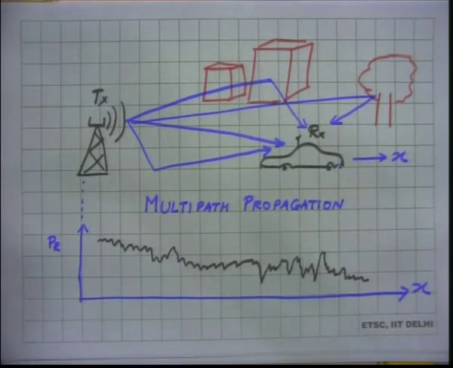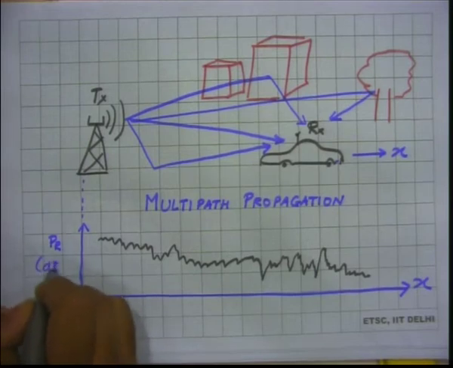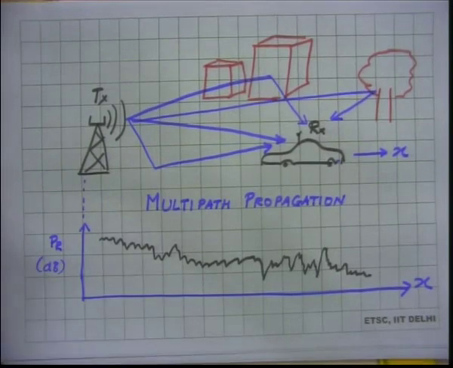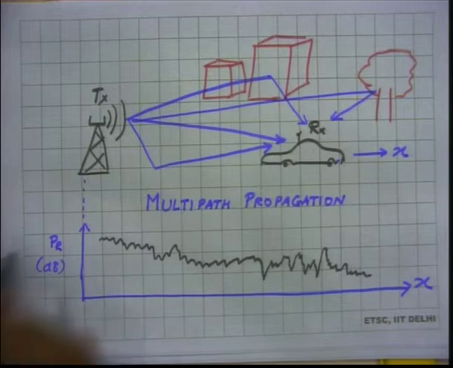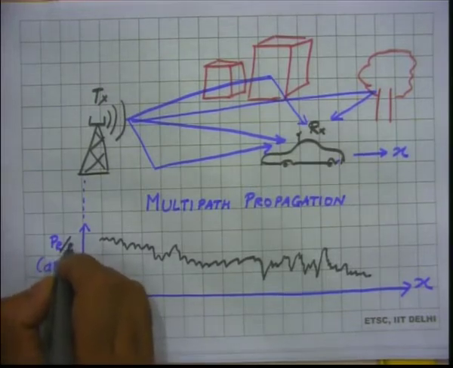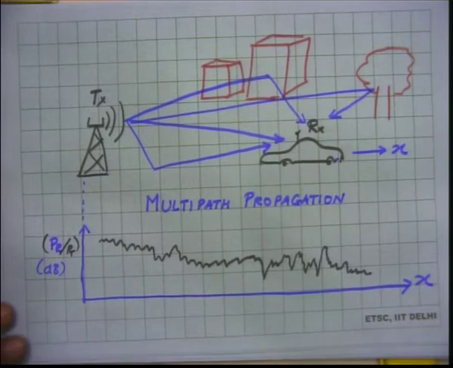What it means is, so if this is some kind of a plot in dB, so we can normalize this.